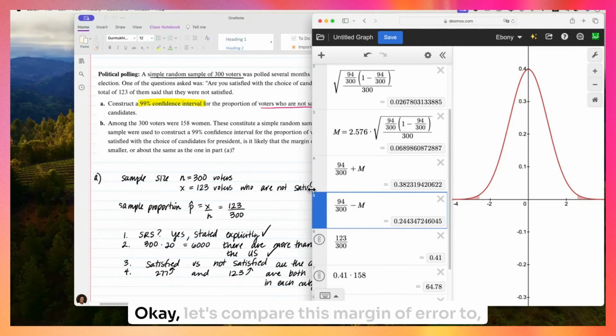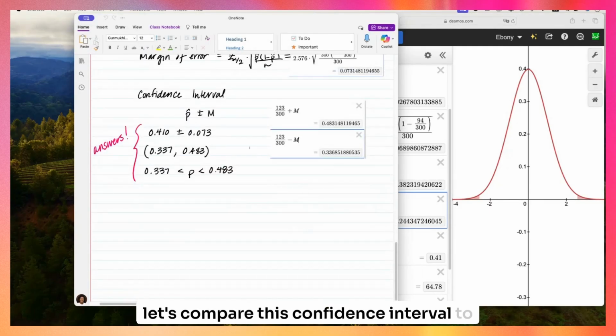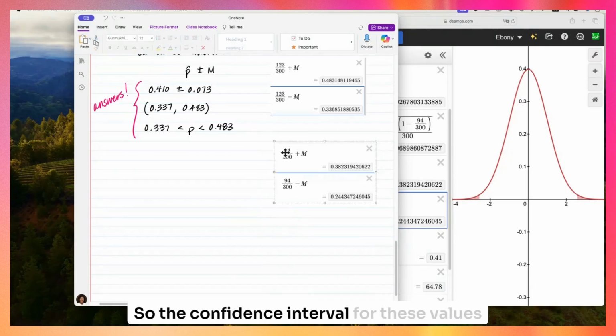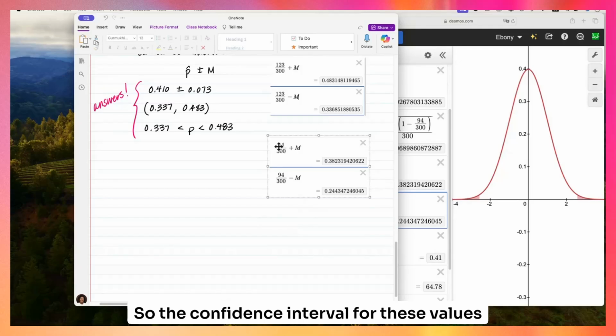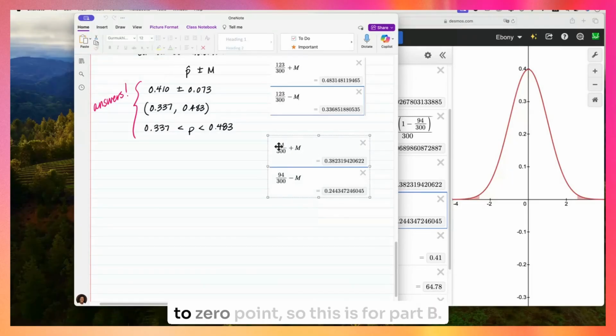Let's compare this confidence interval to what we have. So the confidence interval for these values is going from approximately 0.24 to 0.38.